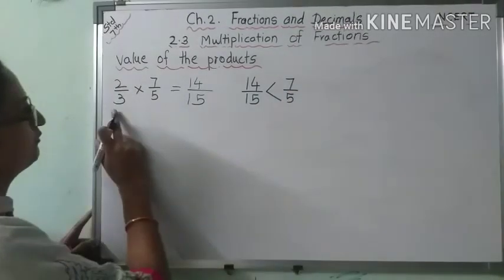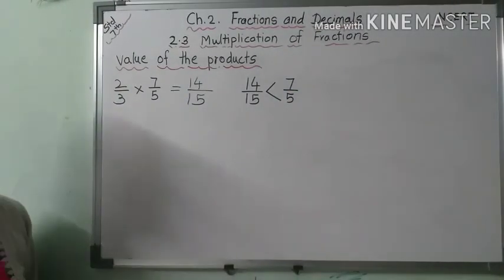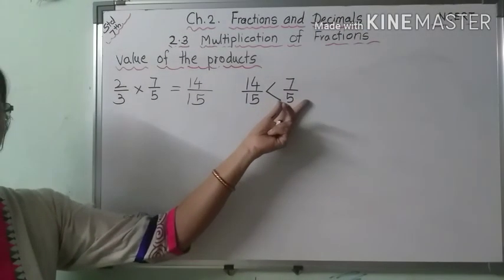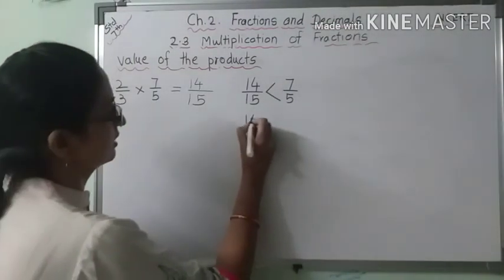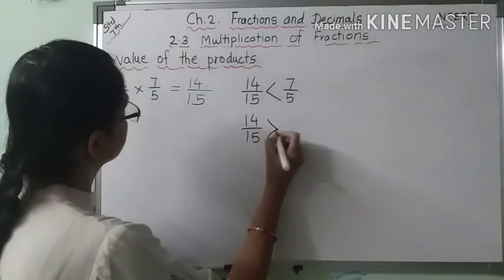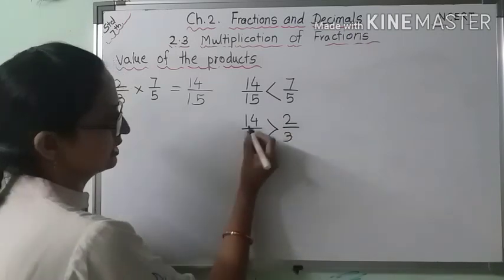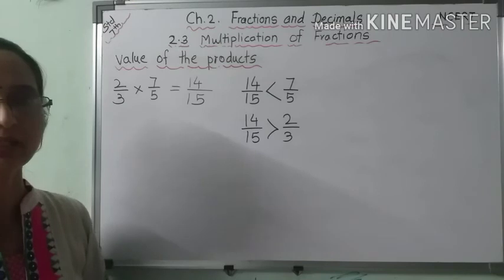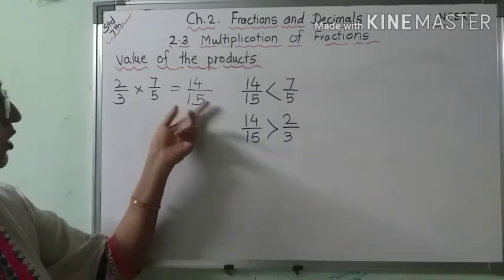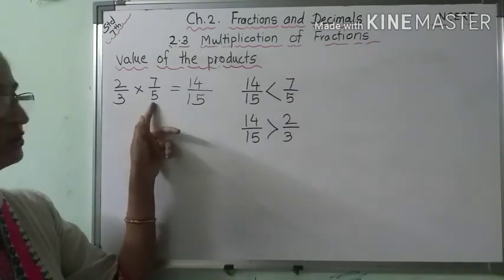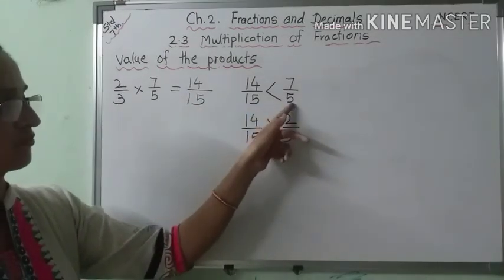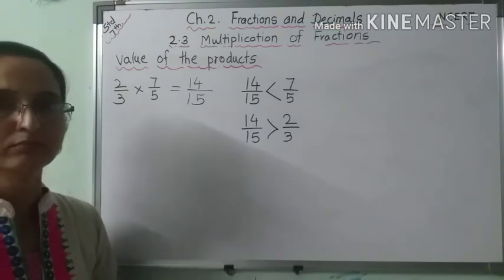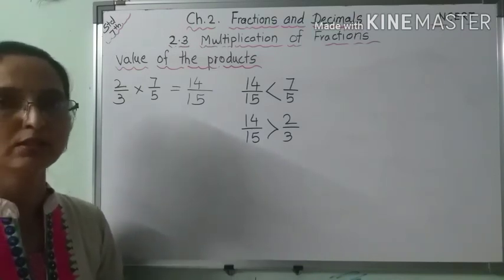That is, when we multiply a proper and an improper fraction, the product is less than the improper fraction, but it is greater than the proper fraction. That is, 14 upon 15 is greater than 2 upon 3. Again, I am repeating this: the product of a proper and an improper fraction is less than the improper fraction, but greater than the proper fraction. Is that clear? Let us move to the next topic.